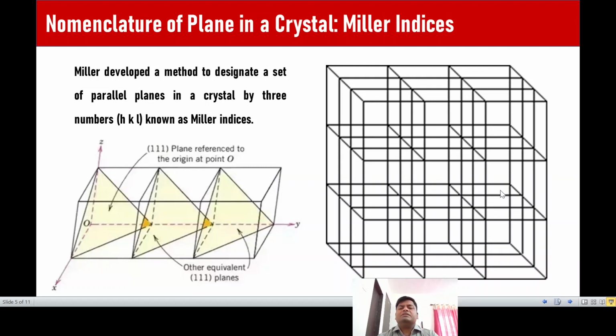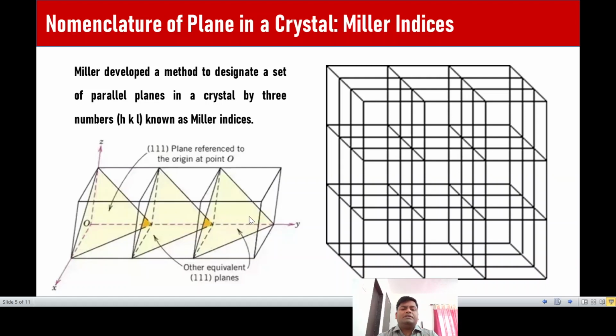If we consider this a crystal, one can see the horizontal planes, so one can consider this one set of parallel planes, or another horizontal plane set is that. In this case, one can see triangular planes have been represented.